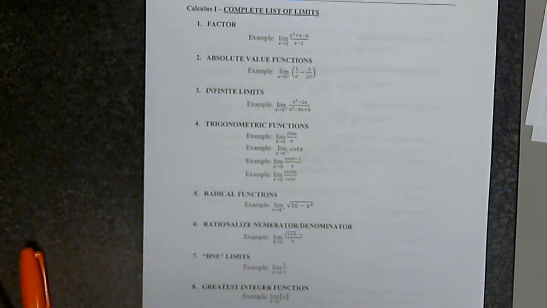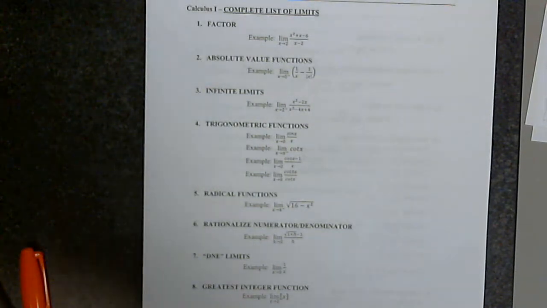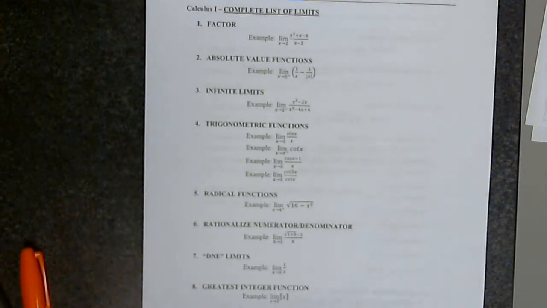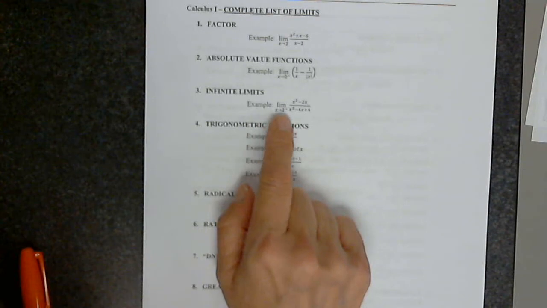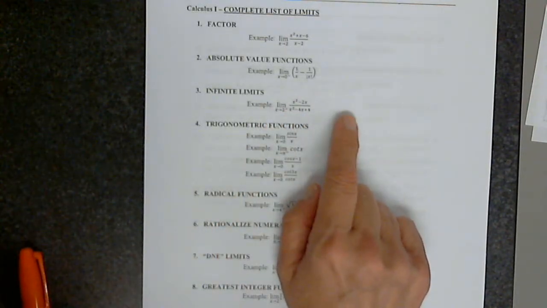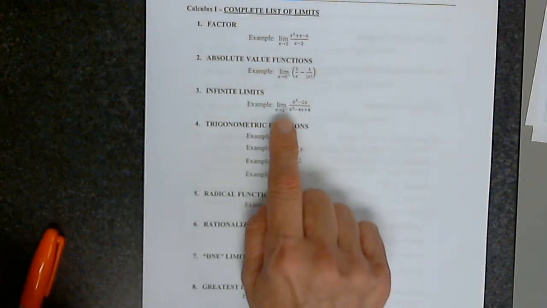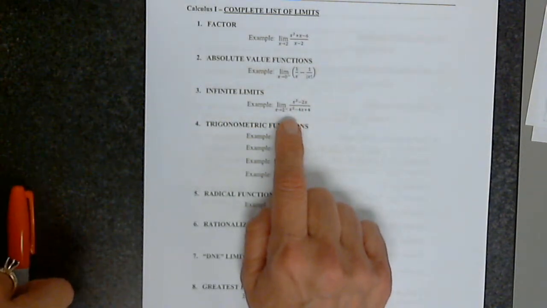So if the function has a limit like this, or like this, or like this, as x approaches 2 from either side, then x equals 2 is a vertical asymptote. Do we remember this, or do we need to practice this one?